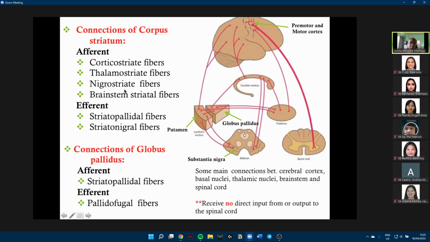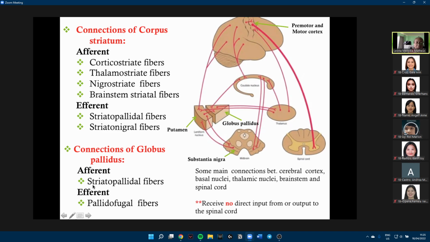Now, as to the nomenclature, note that if a tract or a connection is going towards the basal nuclei, the second part of the name is where we find your nuclei. It's the striate, we say striate or striatum. That's the second part in the name. That's when we say afferent, whereas if it's efferent, meaning it's going out of the basal nuclei, the first part of the name is the striatum.